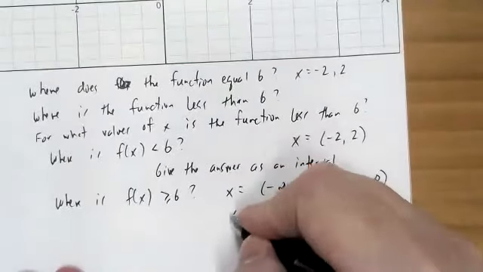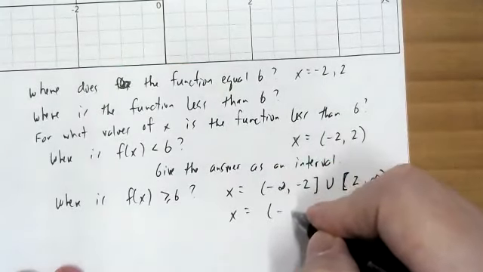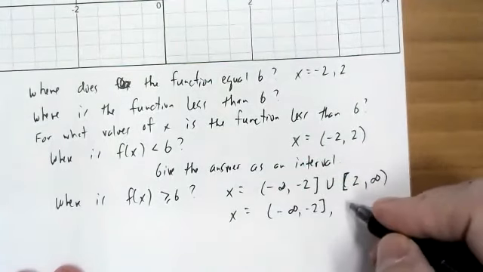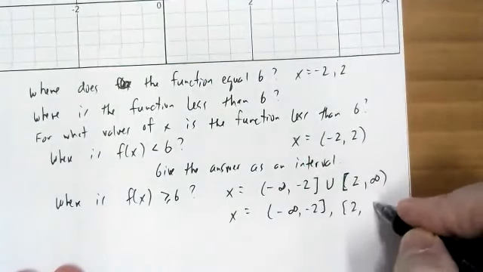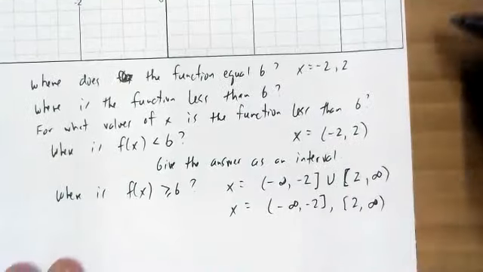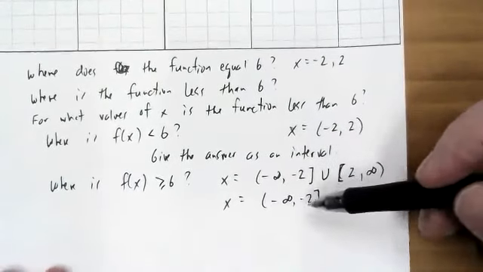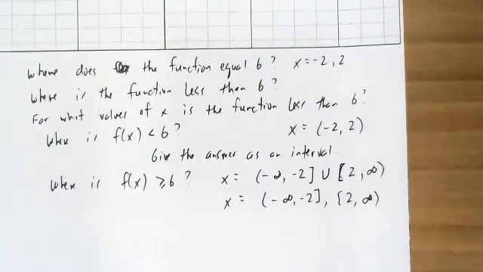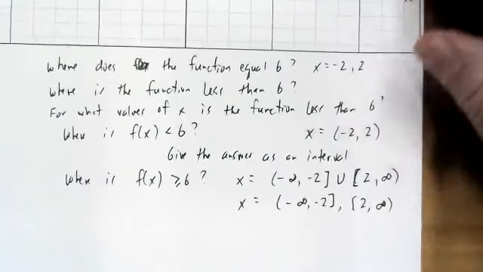Now, sometimes you may see the answer like this, and it's okay also. Instead of putting the union sign, they just have a comma because they're saying it's both of these intervals. Either one, I think a lot of times, is okay.